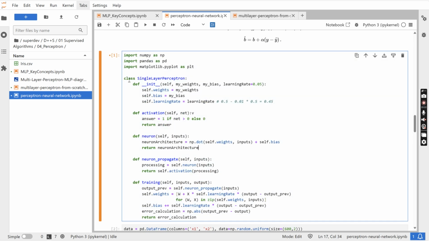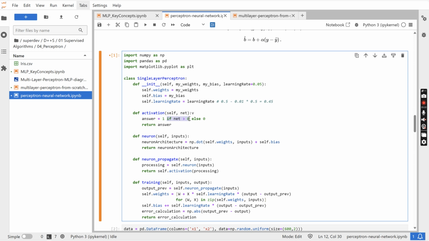So what is happening here? There is one function which initializes the weights. The learning rate is selected with some value. Now, the final activation: look at the condition first.